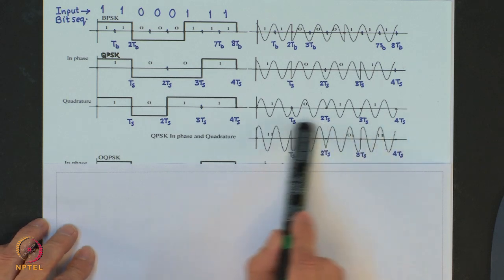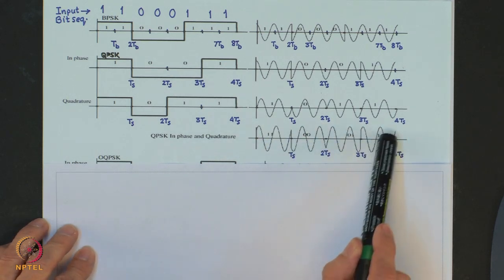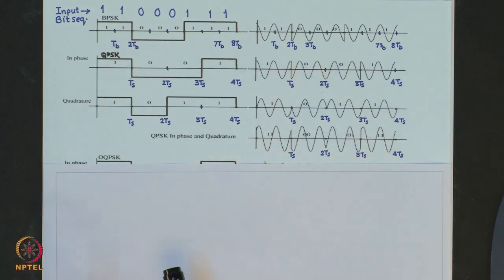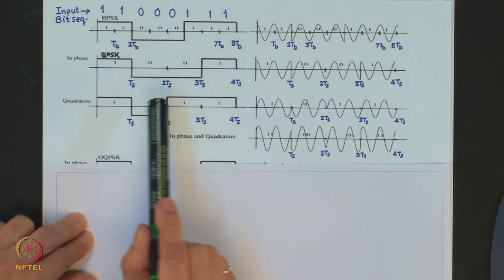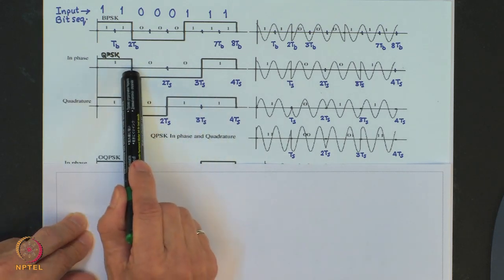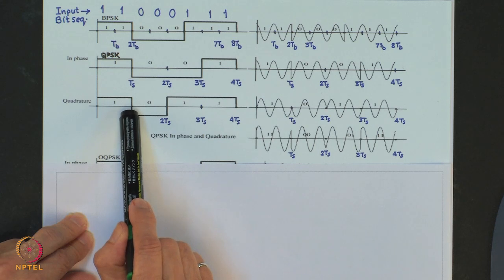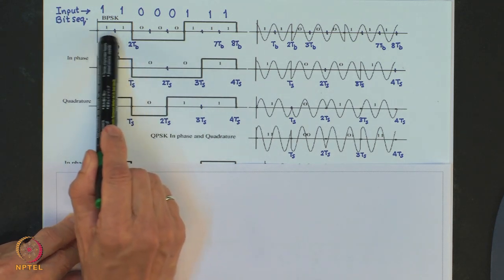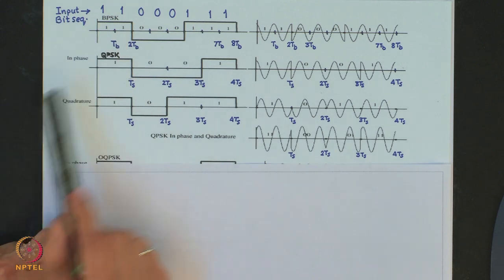So, the QPSK signal is shown here, and this is the sum of these two modulated signals. Now, please note that the data bit interval in both this in phase and quadrature streams are twice the bit interval in the input data stream.